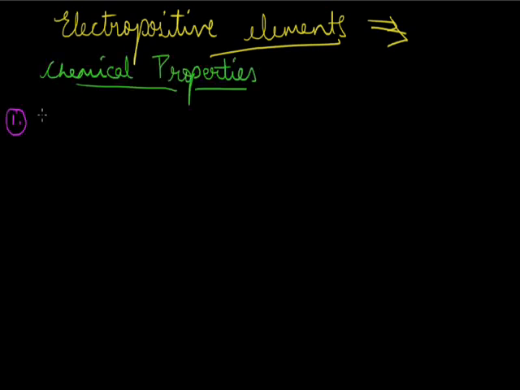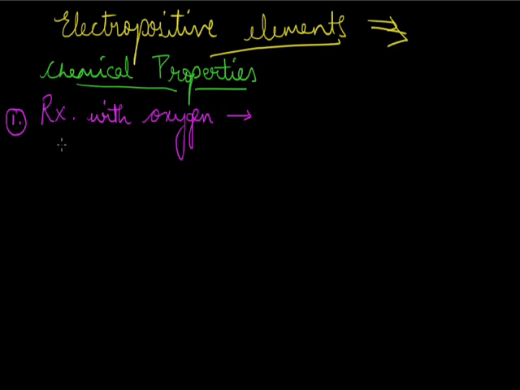The first property is the reaction of metals with oxygen. Metals react with oxygen and they form metal oxides. Now there are different metals which react to a different extent with oxygen.